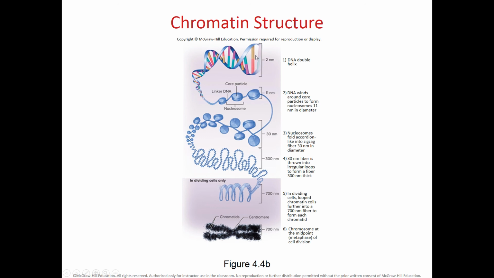So this is the DNA double helix, so it has one strand and another strand, and then you have the bases in between, which make the rungs of a ladder. And if you see here, from edge to edge of the double strand, you have 2 nanometers in diameter.